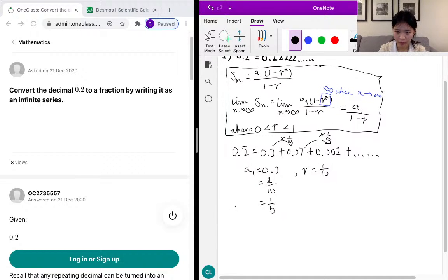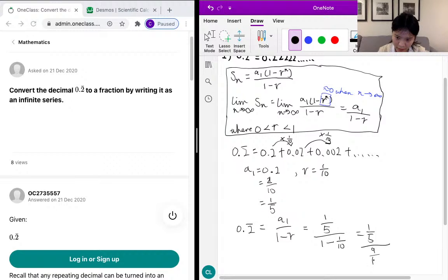So the sum of this geometric series, or 0.2, is equal to A1 over 1 minus R, which is equal to 1/5 over 1 minus 1/10, which is 1/5 over 9/10, which is 1/5 multiplied by 10/9. You simplify it, so the result is 2/9.